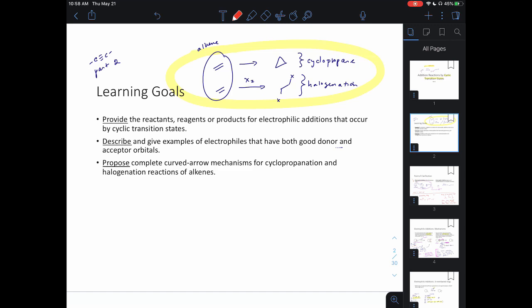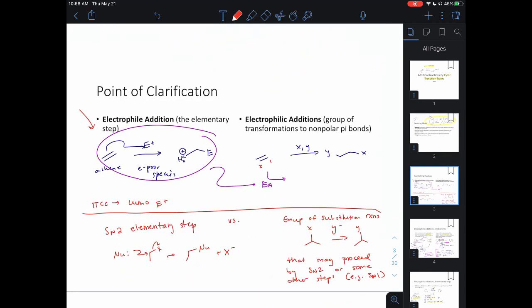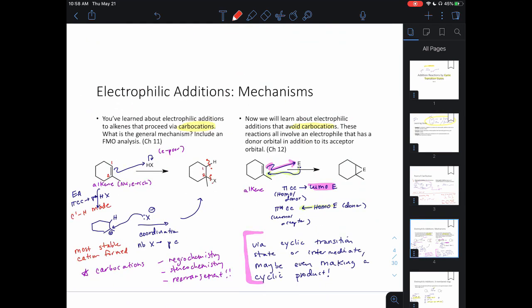So we have thought about these types of addition reactions where the electrophile has a donor and an acceptor orbital. So we've seen cyclic intermediates and cyclic products and cyclic transition states, and it has really profound consequences on the stereochemistry and the regiochemistry of the product, and then, since we don't have carbocations, we didn't see any rearrangements today.